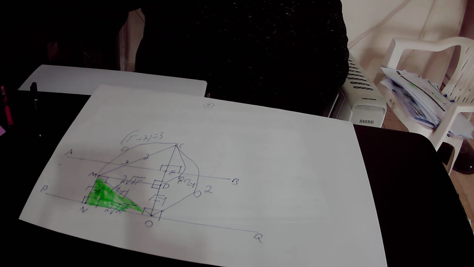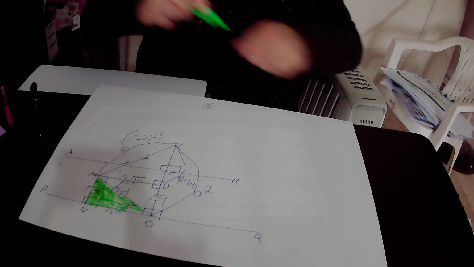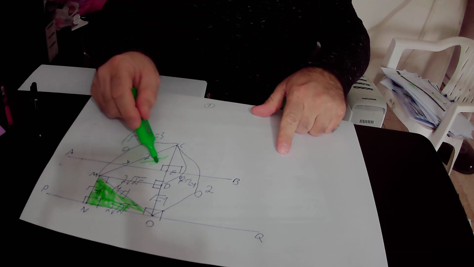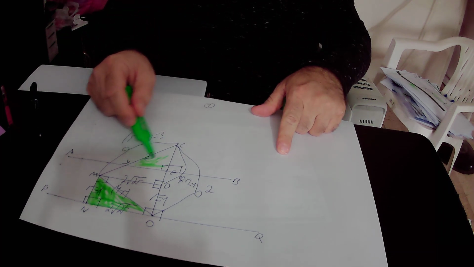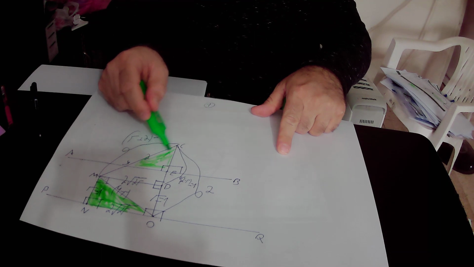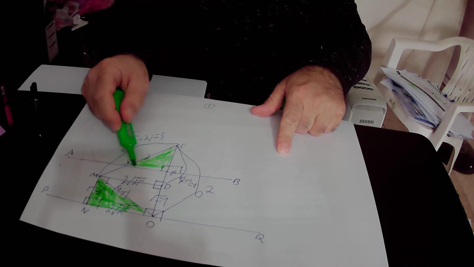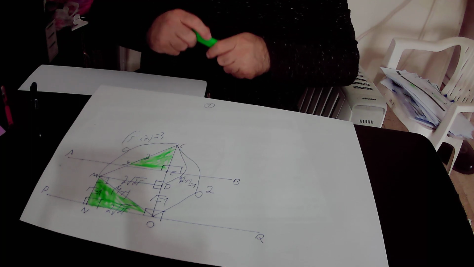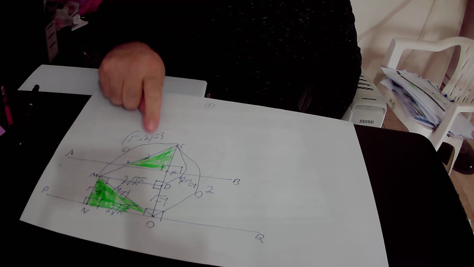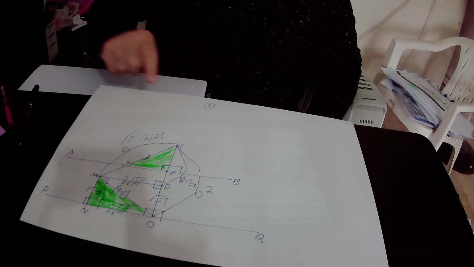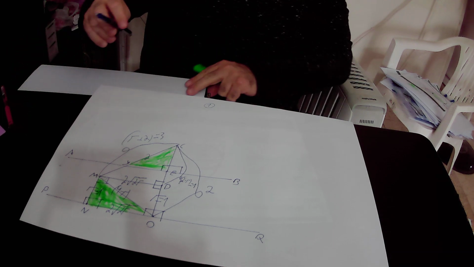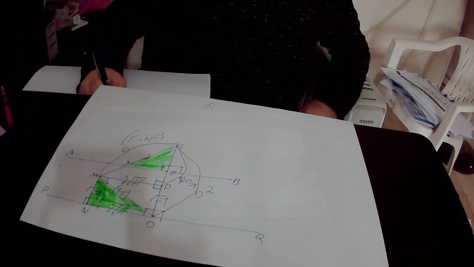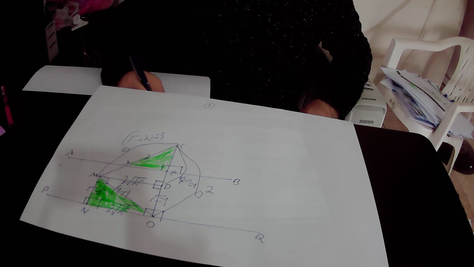So we will focus on the green right triangle, triangle CEY, and on the right triangle, triangle CDM. And we will prove that they are similar to each other.